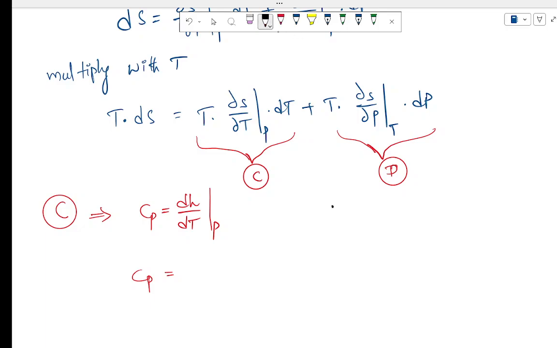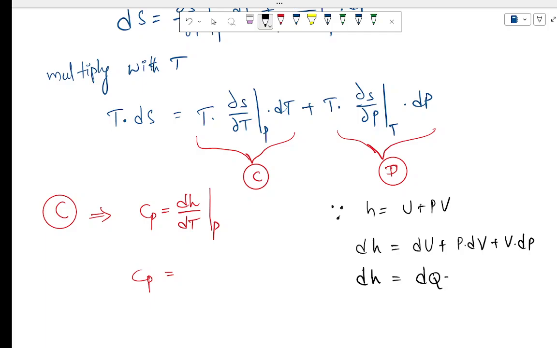So if I take H equal to U plus PV here, then I can take dH equal to dU plus PdV plus VdP, and dH will be equal to dU plus PdV, which is nothing but dU plus dW. dU plus dW is nothing but dQ plus VdP.